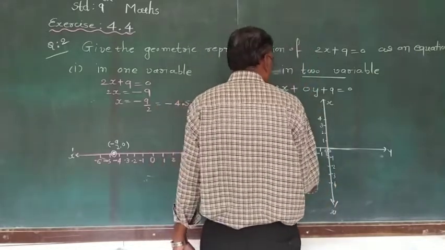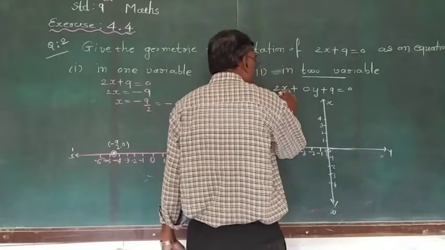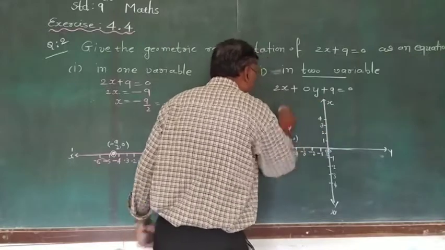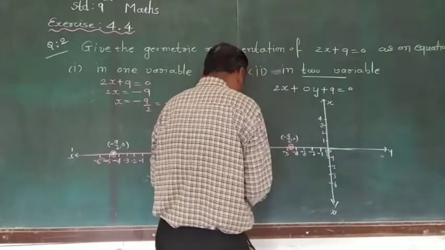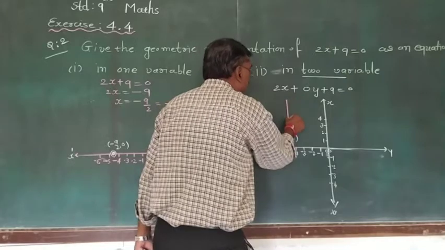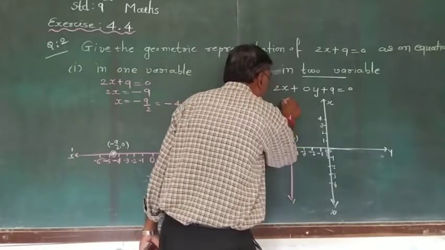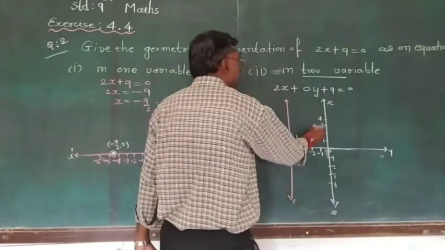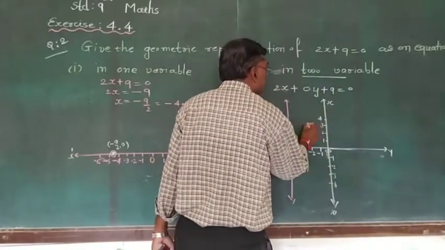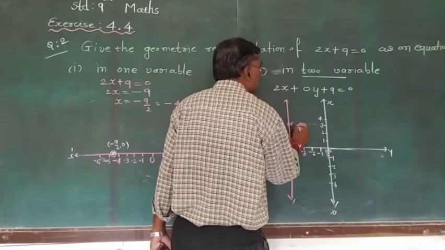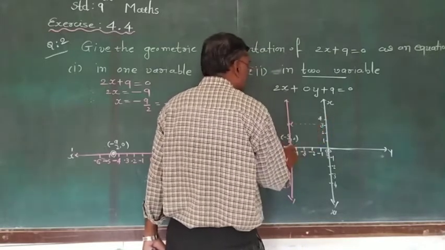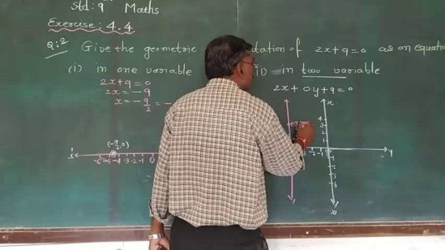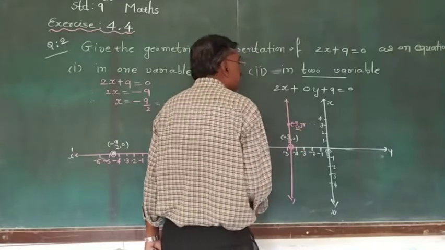We have already drawn x equal to this, but the y coordinate is not given. So we can draw a parallel line passing through this point. It must be parallel. Here is the 3. The x coordinate is minus 9 upon 2 and the y coordinate is 3.